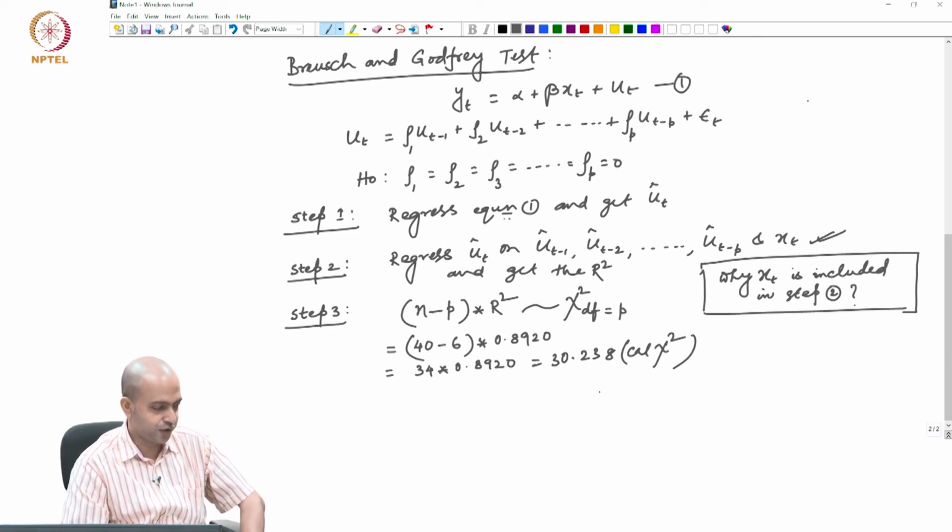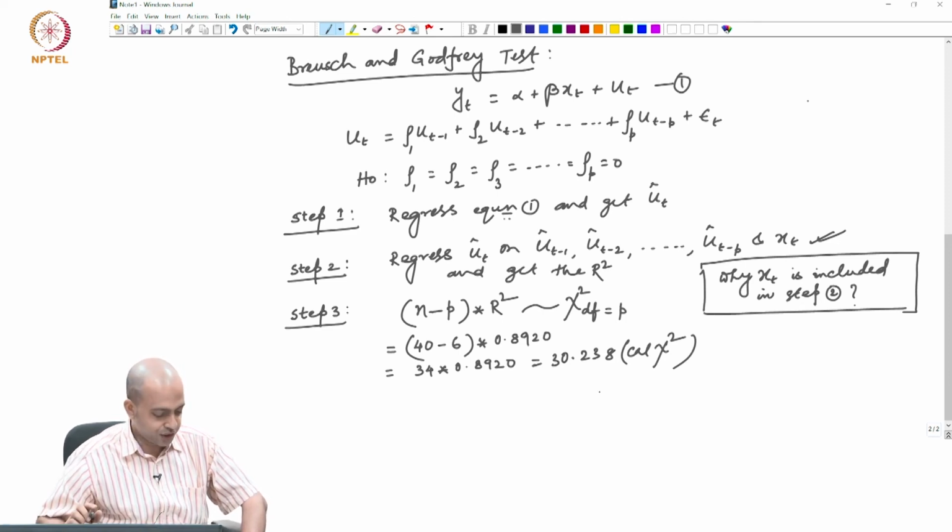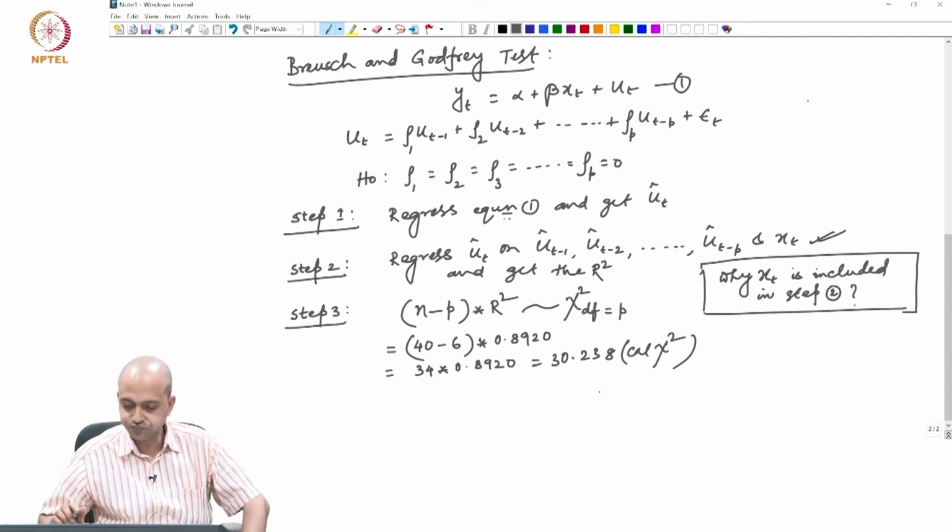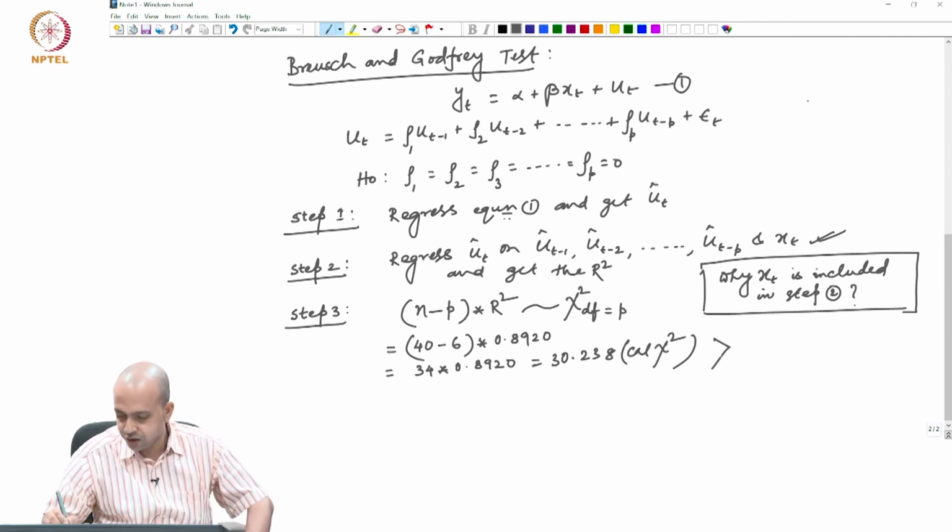So, when you get a chi-square of 30, you can understand that this is quite a high value with a high probability. At the 5% level of significance, the chi-square is 12.59, and even at the 1% level it is 16.81. So, the calculated value is greater than 12.59.